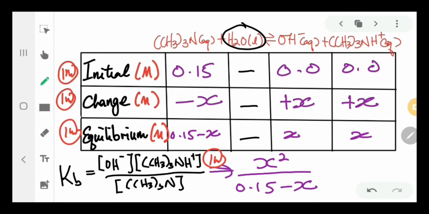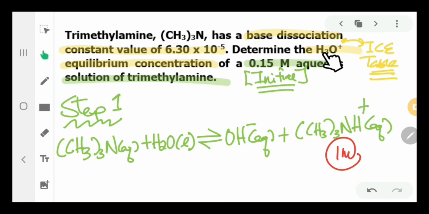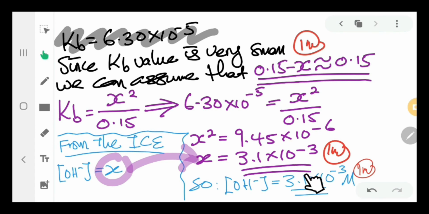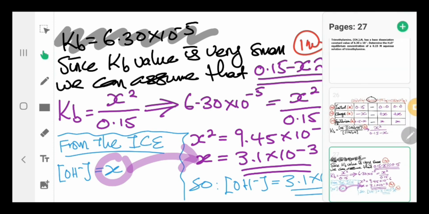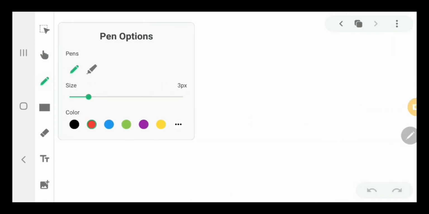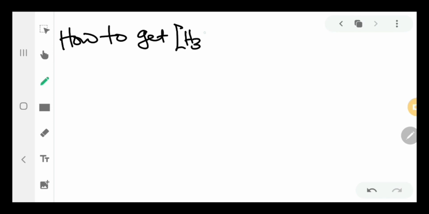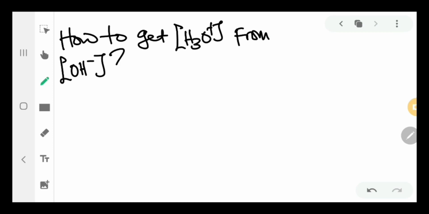However, the question wants you to find concentration of H3O plus. We have found the concentration of OH minus. So how do we get concentration of H3O plus from concentration of OH minus? So that is the question.